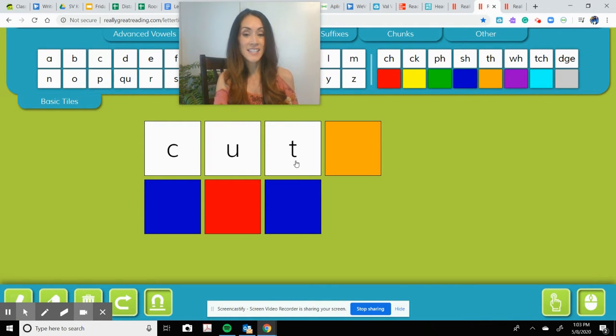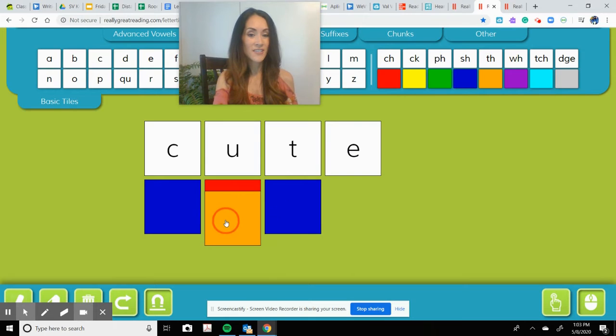It has a T, T, T. K, T. Cut. Let's add our sneaky E. He's gonna sneak over and change the U. U is now gonna say its name. Cute. What new word do we have? Cute.